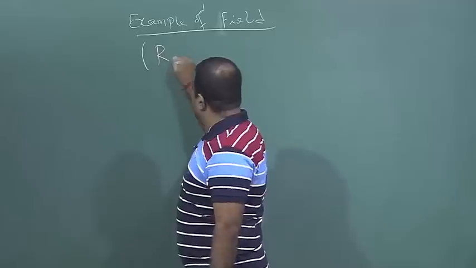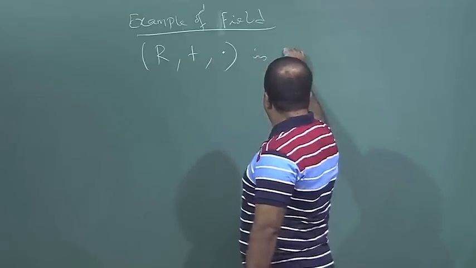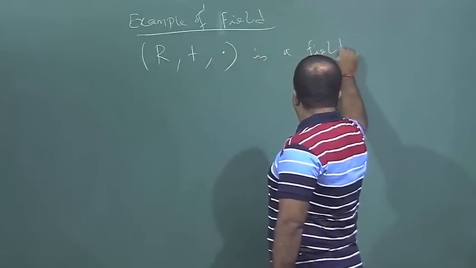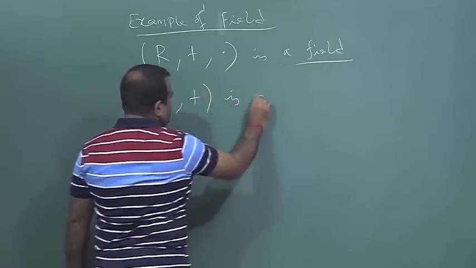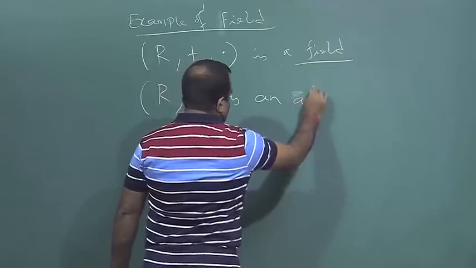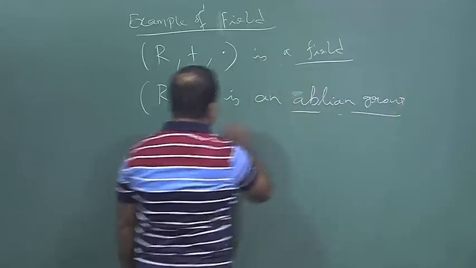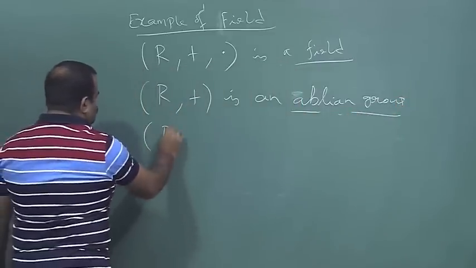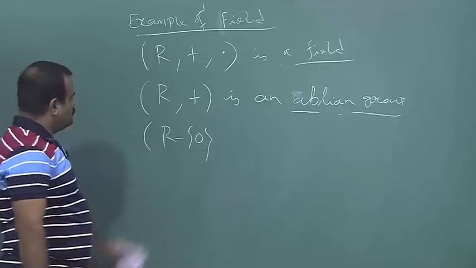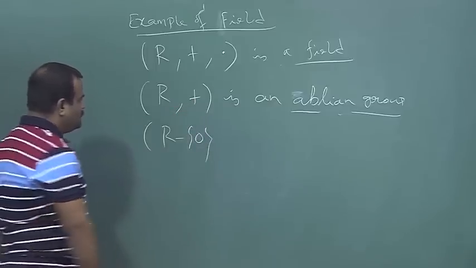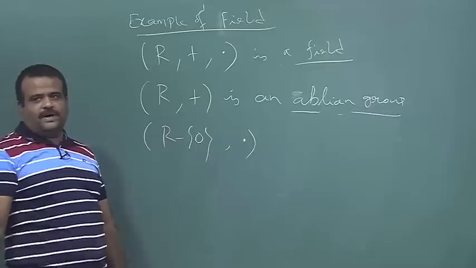The set of real numbers with plus and dot in the multiplicative sense is a field. Why? Because we have seen this is an abelian group. And also if we remove 0, the identity element for plus, because 0 has no inverse under multiplication, since 1 by 0 is not defined in the real number system.